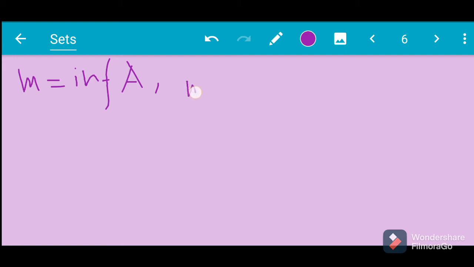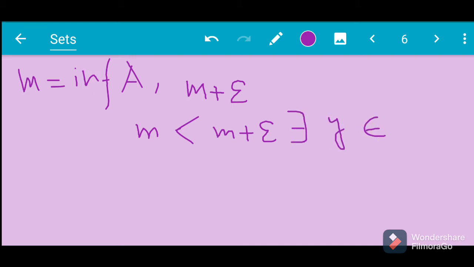If you add any small quantity epsilon to it, then certainly m is less than m plus epsilon. This is obvious. And there exists y belonging to A, that particular number is more than m and less than m plus epsilon, which means m plus epsilon is no longer a lower bound.